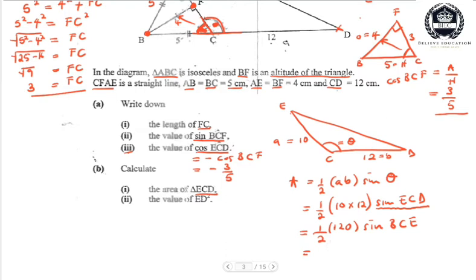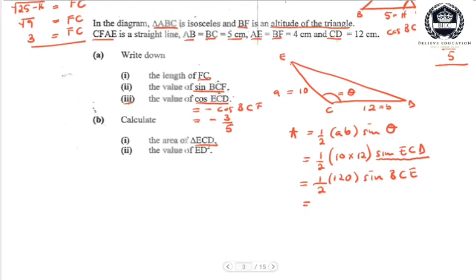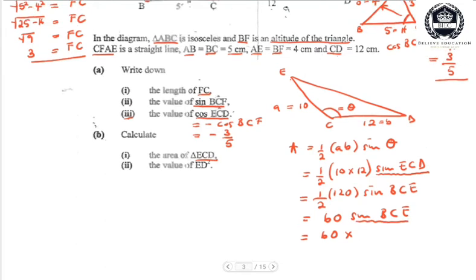Then this will be equal to, so this one will be 60. Then sine BCE, which is equal to 60 multiplied by, then I have to find my sine BCE.